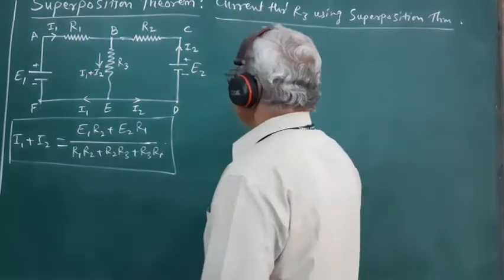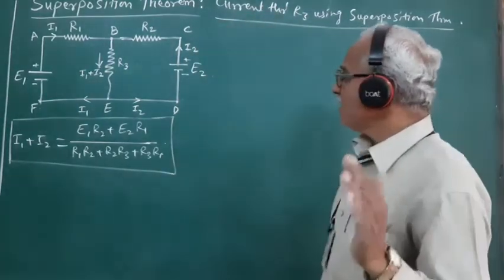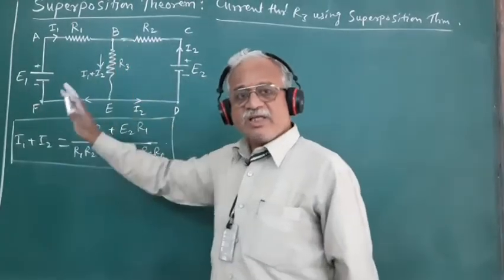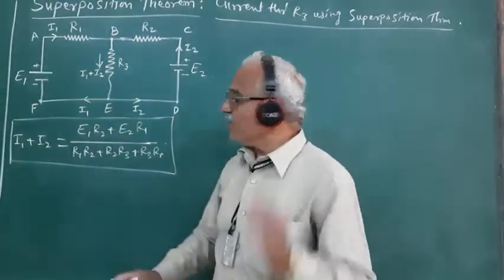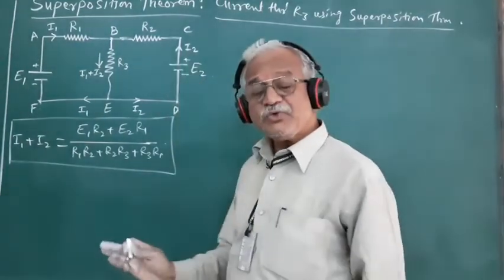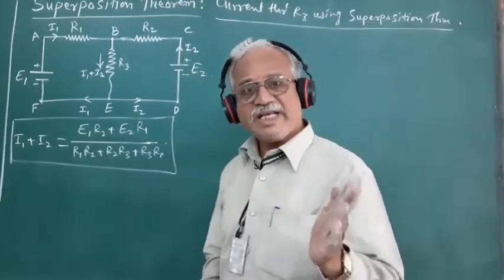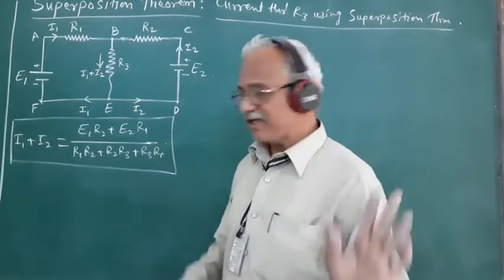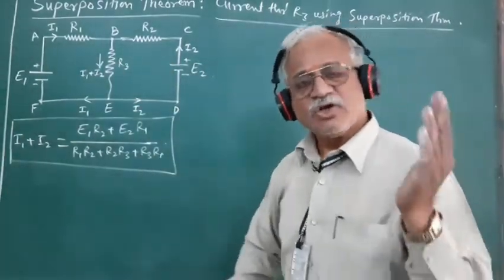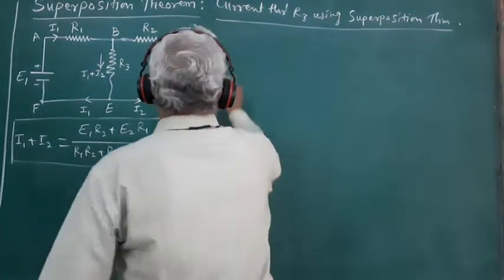So here let us first obtain the effect of E1, or the current flowing through this resistance R3 due to E1, and for that purpose we have to kill E2 for its EMF, retaining its internal resistance in the circuit. In the given network, no internal resistance is mentioned, so it must be zero.